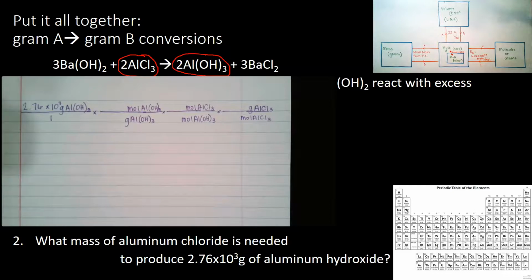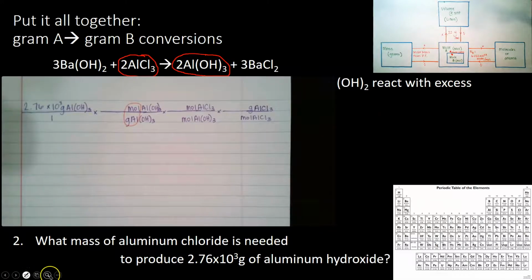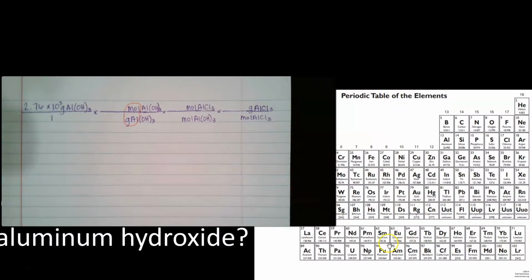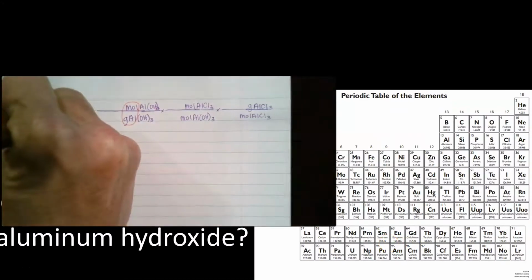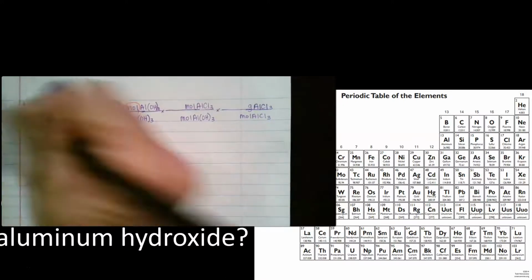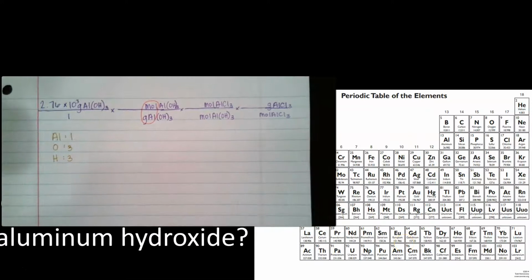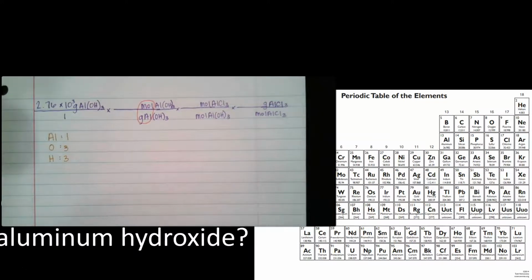Now we need to find our conversion factors. So we start with our first fraction, grams and moles. In order to find the molar mass, we have Al, O, and H. I have 1 Al, 3 O's, and 3 H's. Aluminum is 26.98.